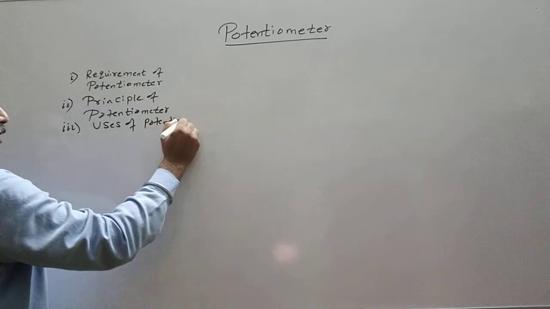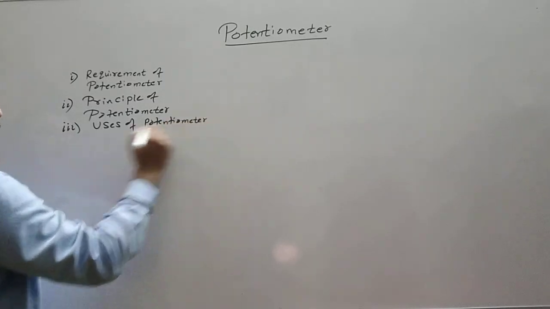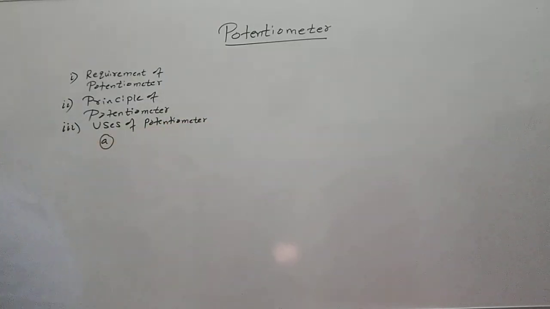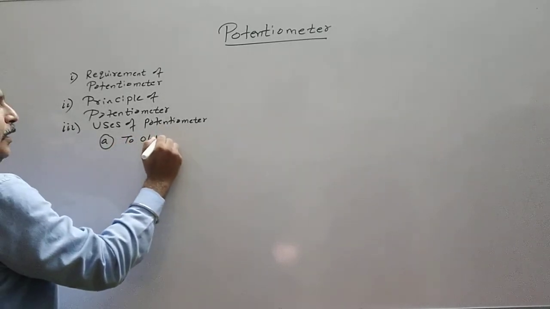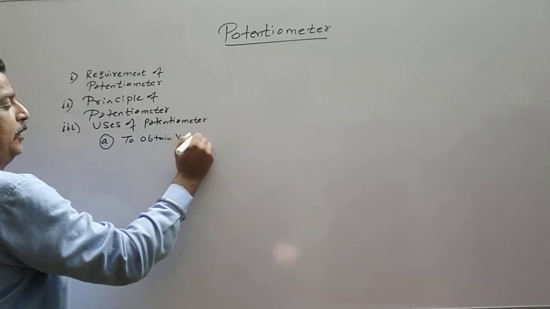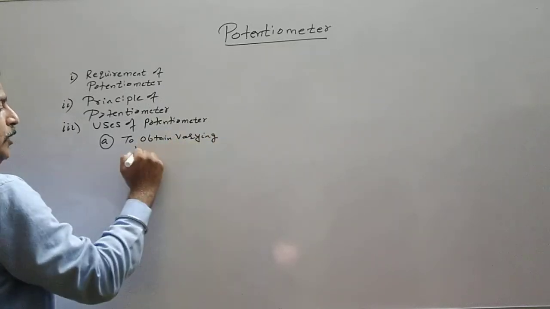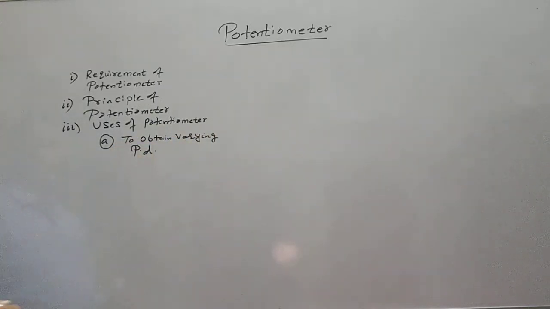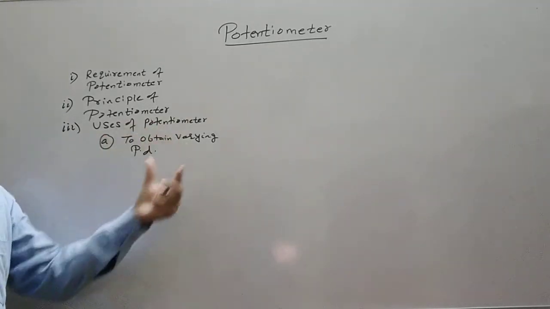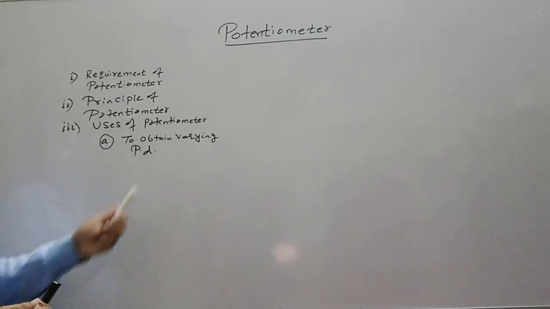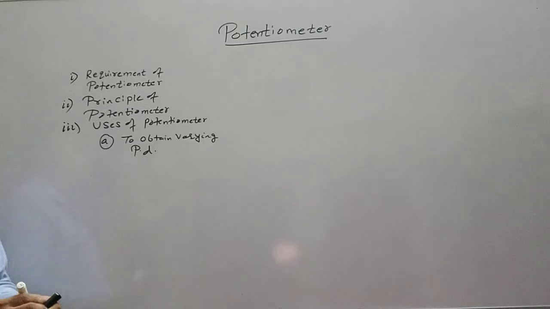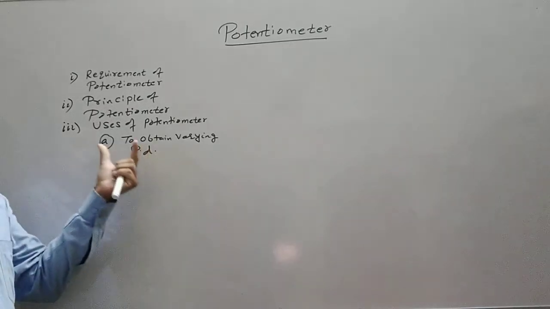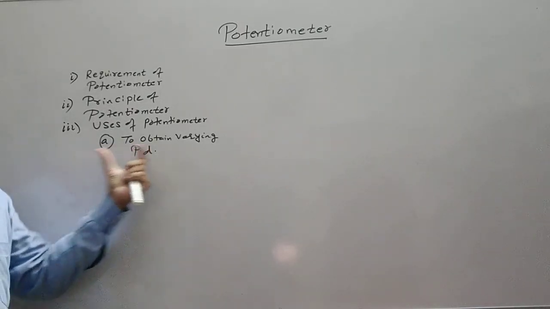Now these uses are: number one, potentiometer can be widely used to obtain varying potential difference. To obtain varying potential difference means you will obtain different potential difference between 2 points on its length.